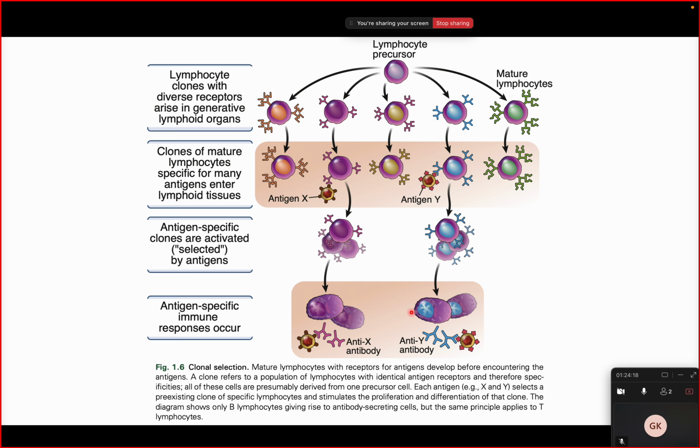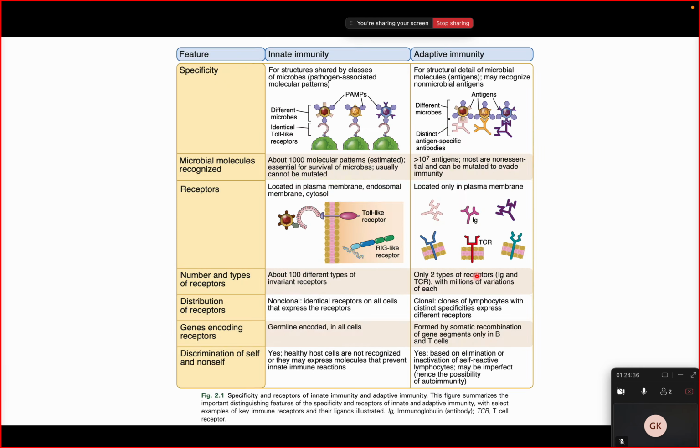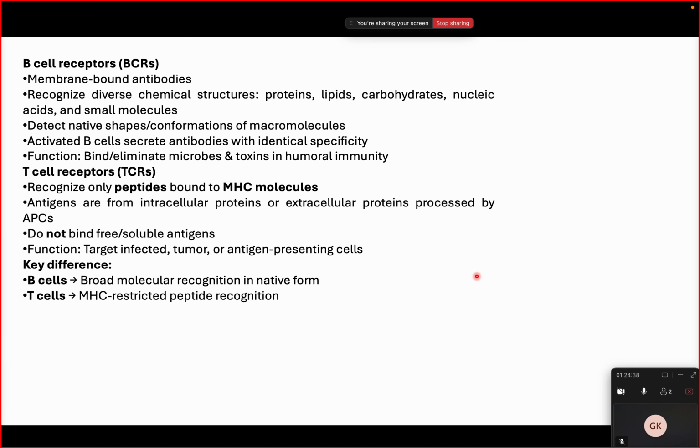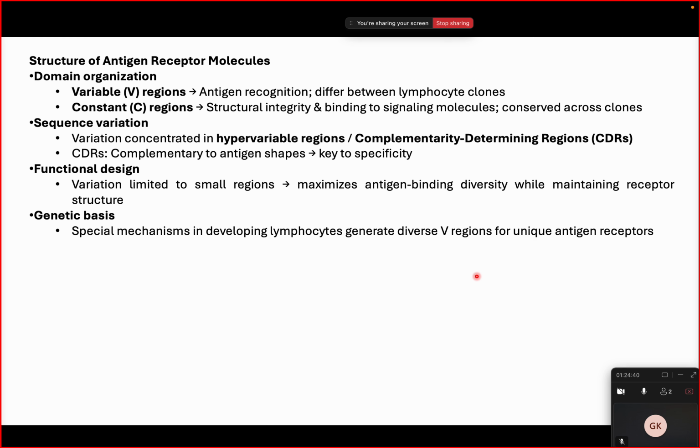Though they are coming from different cells, right? This is a different antibody. This is a different antibody. The major change lies in the antigen recognition site here, and the constant region is constant because they are immunoglobulins. Both of them are immunoglobulins, right? Ig family.